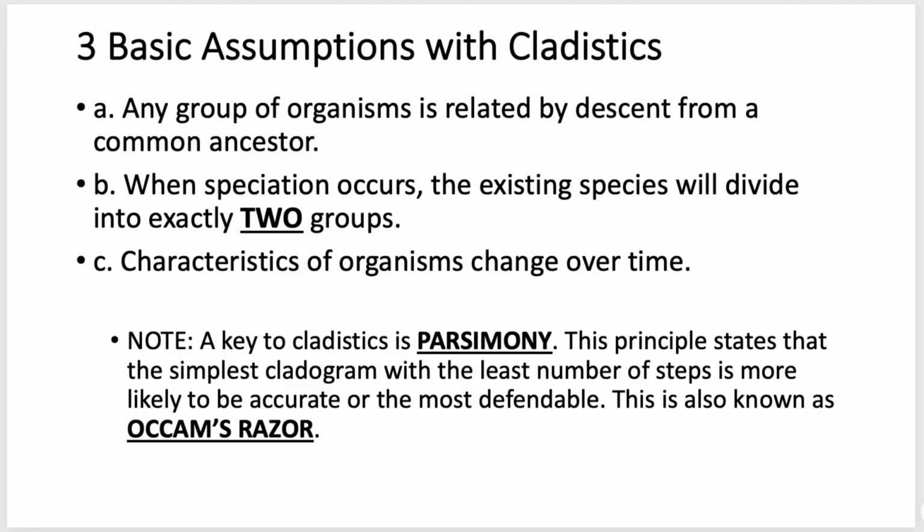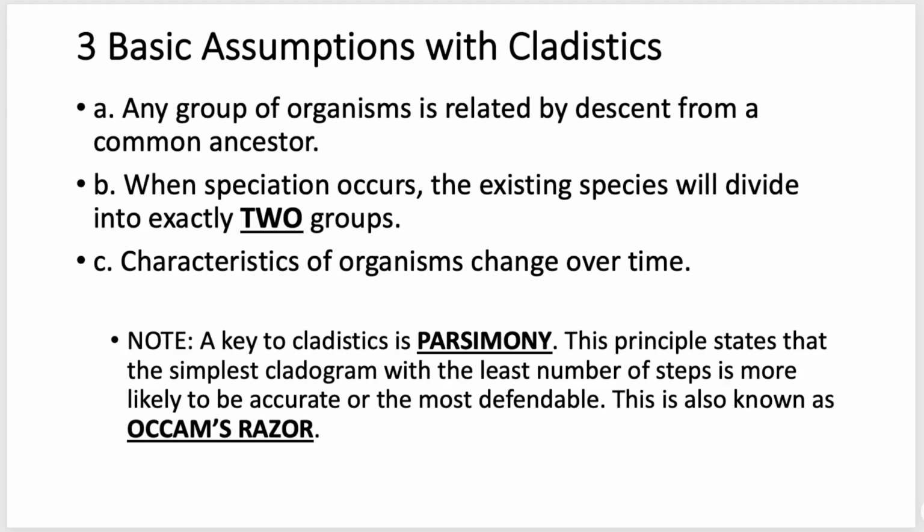So a key to this is parsimony. This principle states that the simplest cladogram with the least number of steps is more likely to be accurate, or would be more easily defended. They call that Occam's razor.